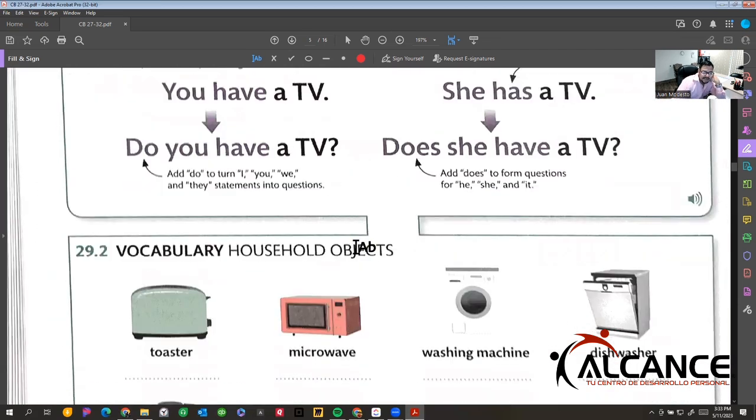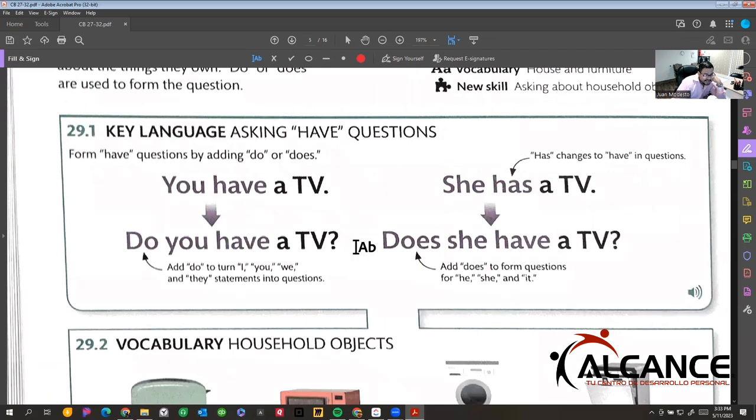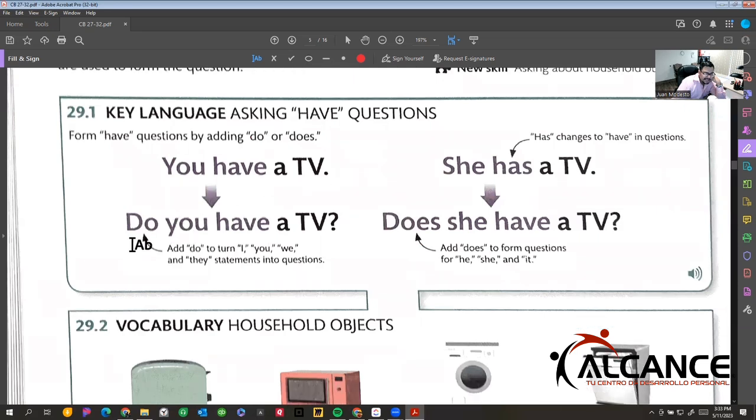For this one, we are going to make it a question. This is how you ask someone if they have something. The statement here says, I have a TV. If you want to ask someone if they have a TV, you say, do you have a TV?